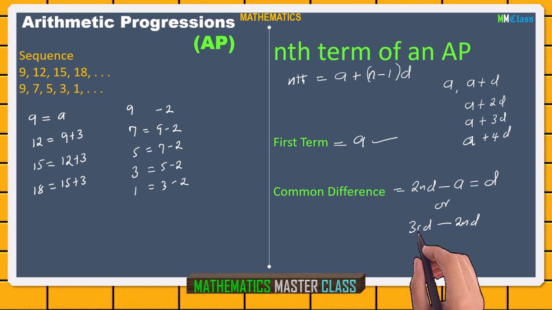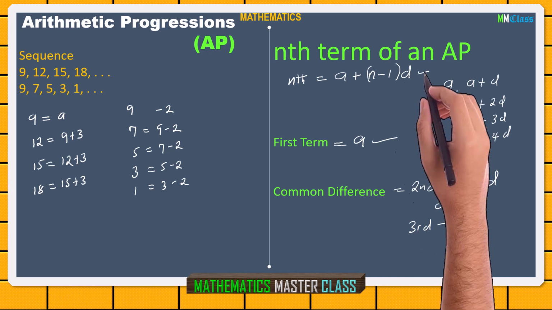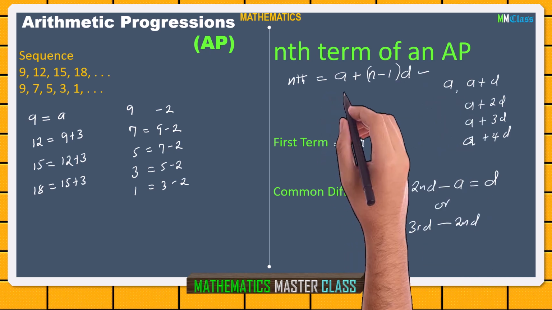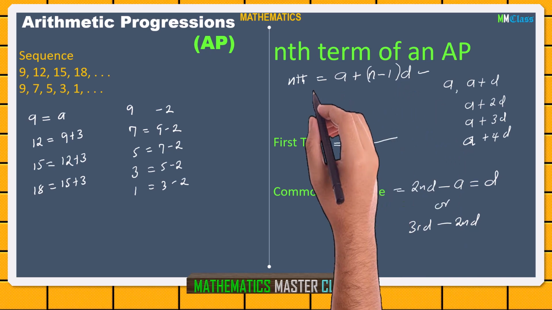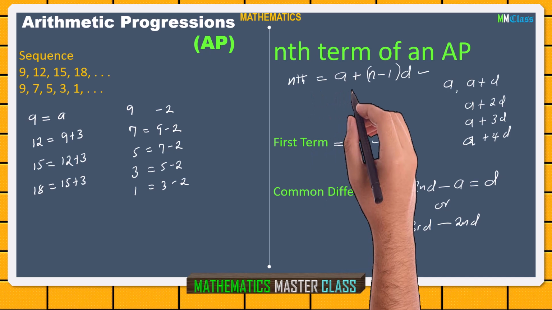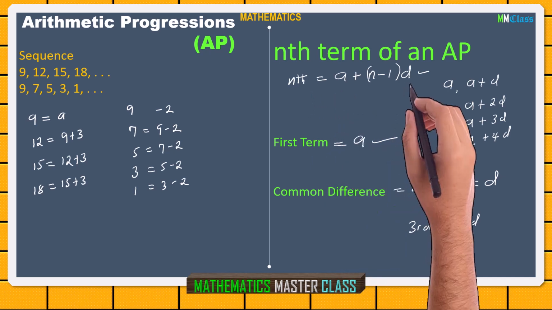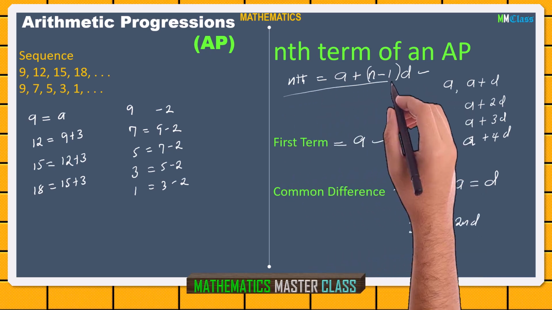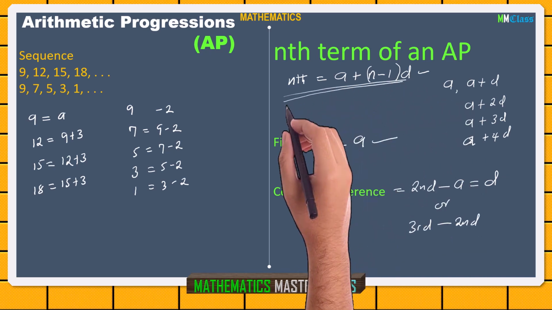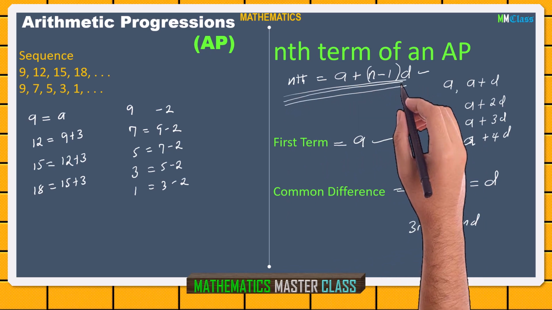The last thing you should know is the nth term formula, which we are going to use to do some examples in this video. The nth term of an AP is given as A plus (n minus 1) times D. This is the formula we are going to use to solve problems under the nth term of an arithmetic progression.